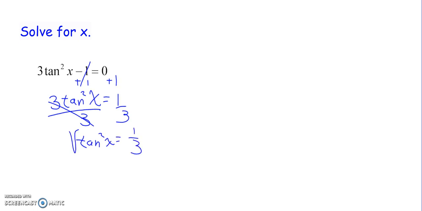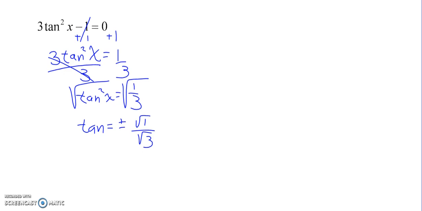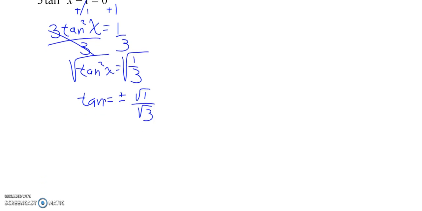I will say one of the most common errors I see in algebra, when you square root both sides, you get tangent x is equal to the square root of 1 over the square root of 3. And people think this is correct, but not really. When you take the square root of both sides, you need plus or minus. So here we have tangent x is equal to plus or minus 1 over radical 3.